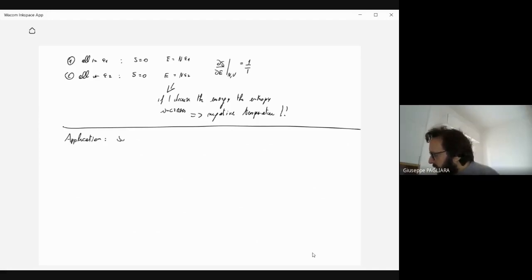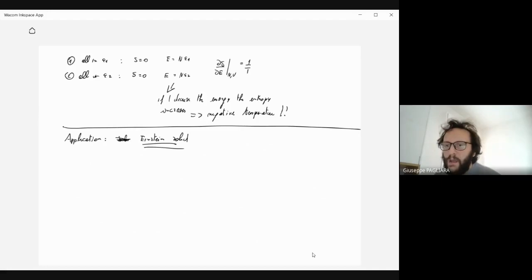And let us consider the solid, the Einstein solid. Now, I'm pretty sure that you have seen this in other situations, so I will not do the calculations in full detail. But first of all, I will remind you what the Einstein solid is, and then you will tell me if you have seen these things in other courses, okay?